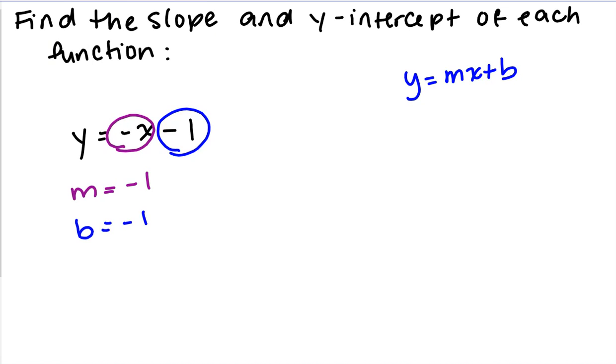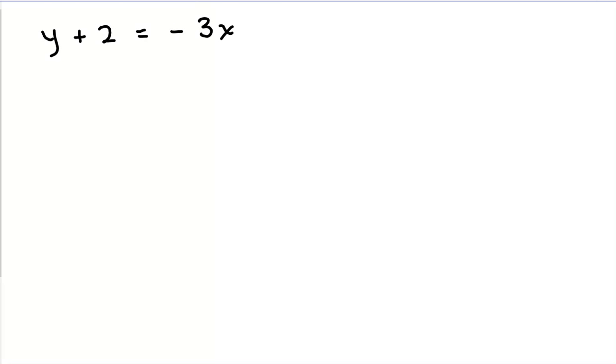Let's look at another one. y plus 2 equals negative 3x. We already know it needs to be written in the form y equals mx plus b, and this is not written in that form. So in order to make that happen, we need to get y by itself. We subtract 2 from each side. Notice there is no like term for this 2 on this side, because we cannot subtract 2 from 3x.